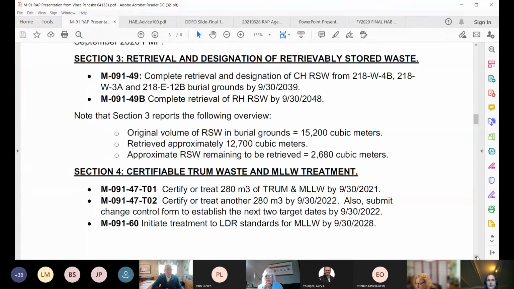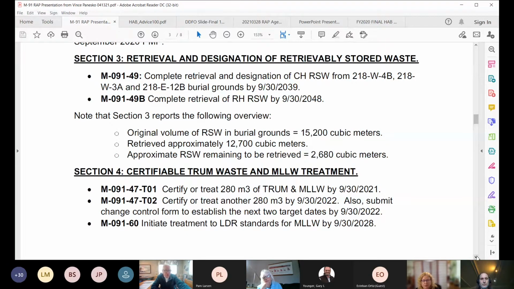The next bullet, milestone 49B, complete removal of the remote handled retrievably stored waste by 2048. And what's interesting and a little puzzling is that the original volume there is 15,000 cubic meters, more or less, and they've retrieved approximately 12,700 cubic meters, and approximately 2,600 or so, 3,000 cubic meters left. Well, we'll get back to that in a minute.